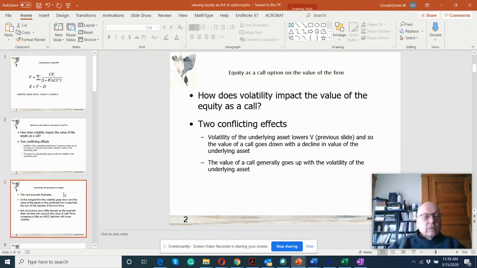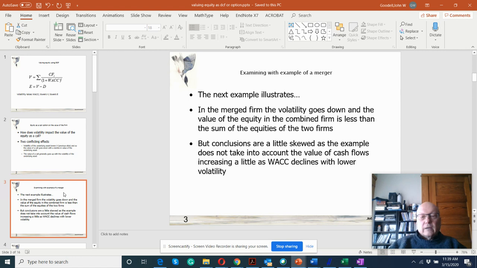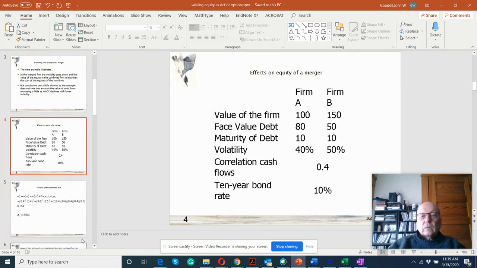Well, let's look at a really simple example of modeling a merger. We're going to have two firms, A and B. And what we're going to see when we calculate the volatility of the combined firm is the volatility will go down just a little bit, to like 39%.